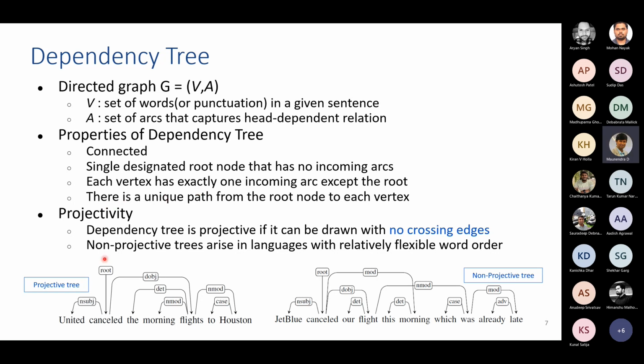The root has no incoming arc, but everything else will have an incoming edge. And there is a unique path from the root to each vertex. You can verify this from the diagrams.